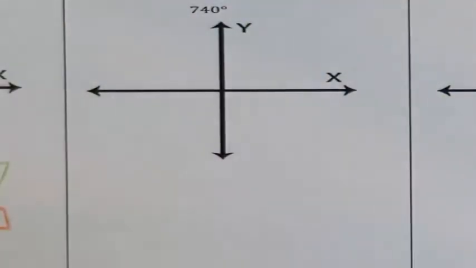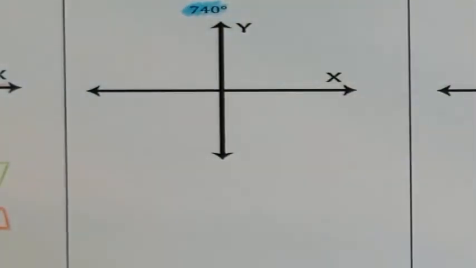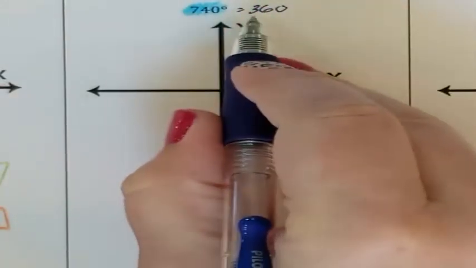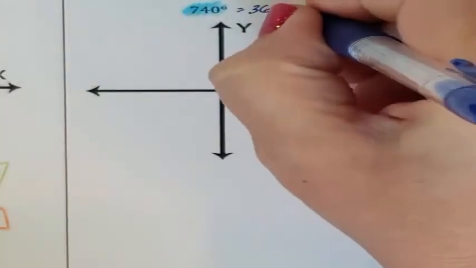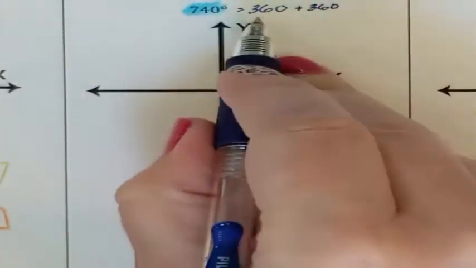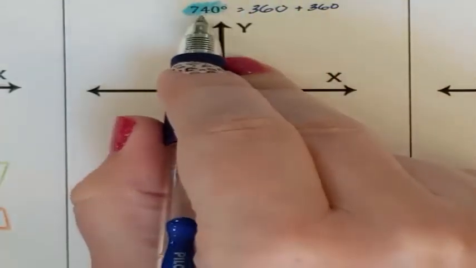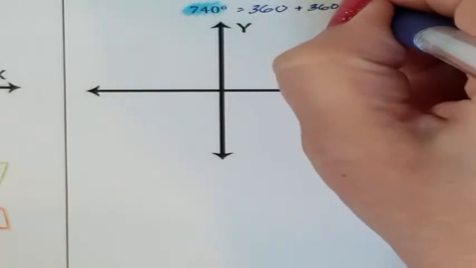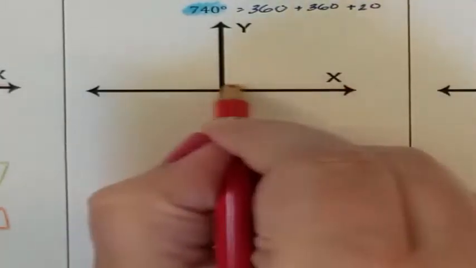Next is 740. We need to find this angle measure first. We know that it is bigger than 360 degrees, so we know that it has to travel around the circle first. Well, it actually has to travel around the circle 2 full times and still be too big. Travel 2 full times around the circle and then another 20 degrees and you will land there. So here is our initial side.